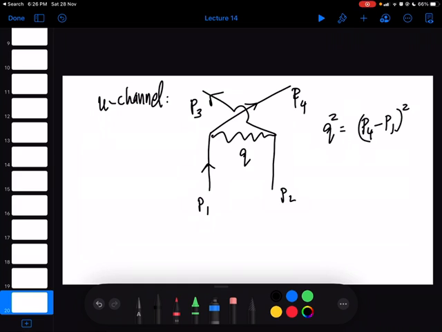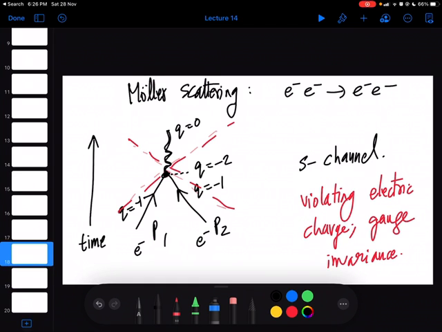So instead of the exchange being between P3 and P1, it is between P4 and P1, and I represented it in this fashion in the diagram. With this I have got all possible diagrams at the lowest order in perturbation theory.